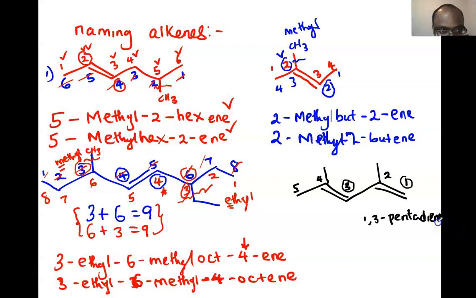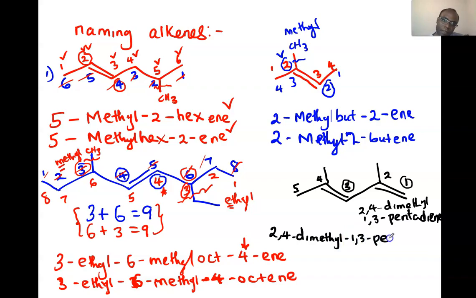Okay, and then we have a methyl on 2 and 4, so the part of the name will have 2,4-dimethyl. So now combining these two, the correct name will be 2,4-dimethyl-1,3-pentadiene.